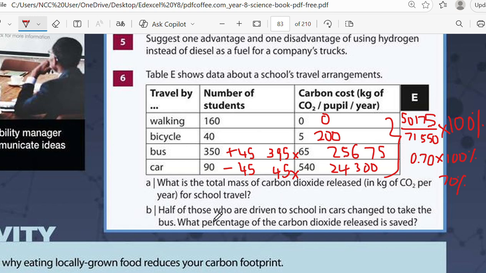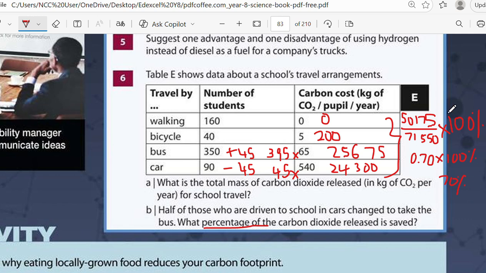Now you have to calculate the percentage of carbon dioxide released is saved, right? Now first it was 100% entire thing when you take, before we did this calculation for the first part, we got 100%. Now for the second part, to find the percentage, we are going to divide this by the first answer we got, the total, as if these children didn't travel by bus. Then you got this one. So we are multiplying that to find the percentage, and this is going to give you 0.70.